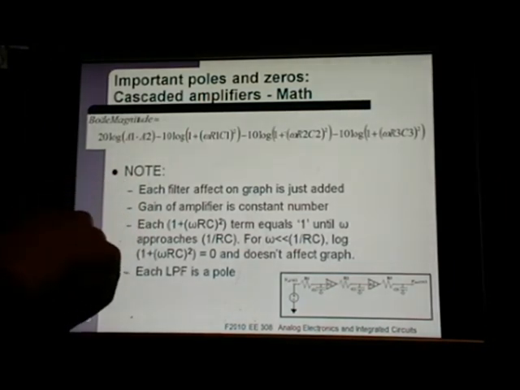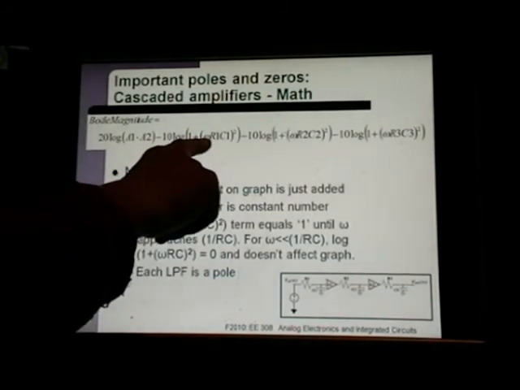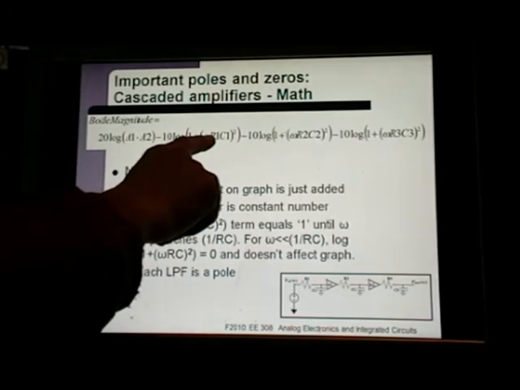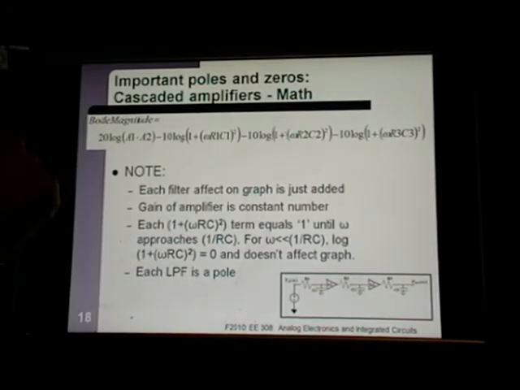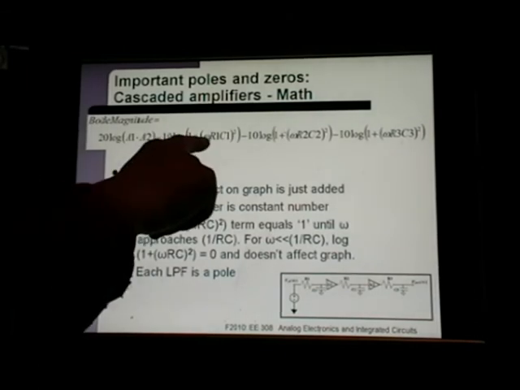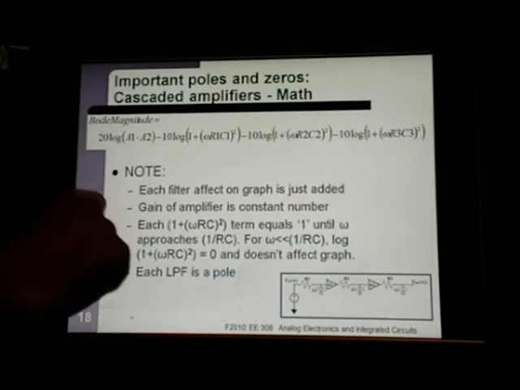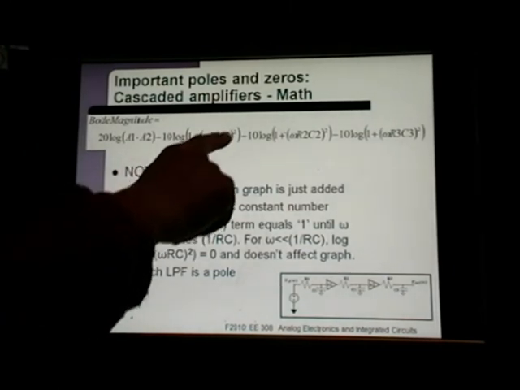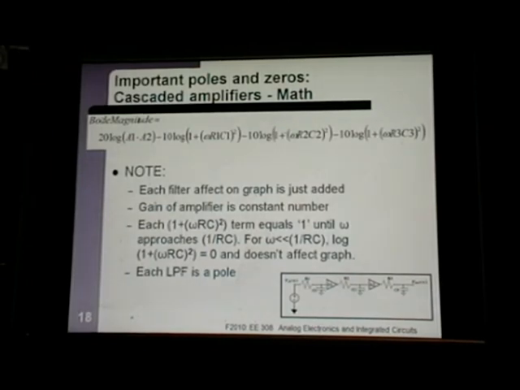What happens is that as long as omega is small enough, these terms right here are way smaller than 1, so they can be ignored. If omega is way smaller than 1 over R1C1, then this second part, quantity omega R1C1 squared, can be approximated as 0.